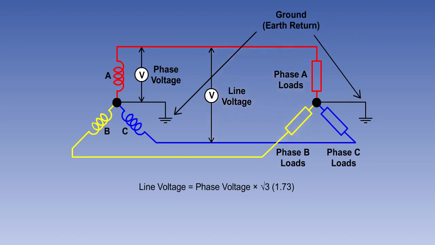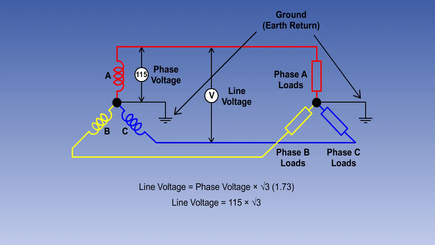The line voltage in a three-phase system can be found by multiplying the phase voltage by the square root of 3, or 1.73. The phase voltage of a typical aircraft supply system would be 115 volts.